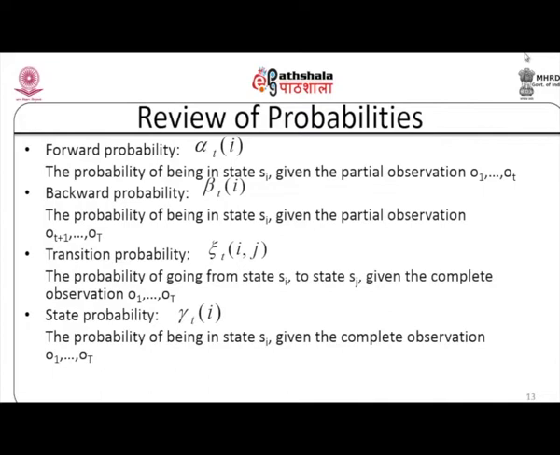Let us take a look at a review of the probabilities we were dealing with. One is the forward probability, the probability of being in state Si given the partial observation sequence O1 to Ot.